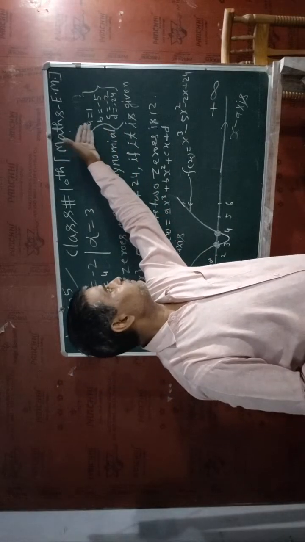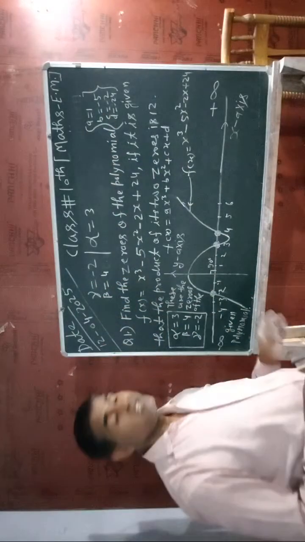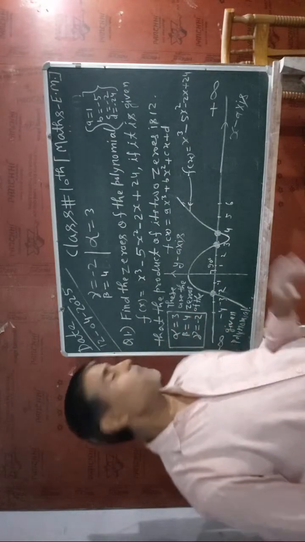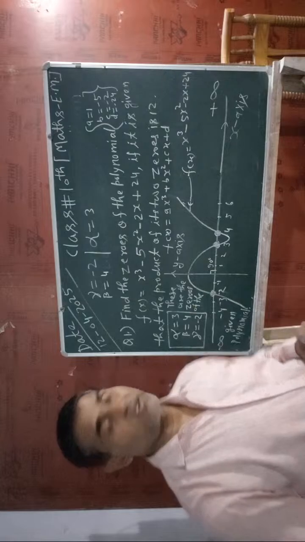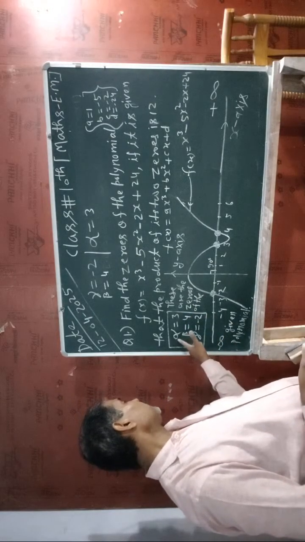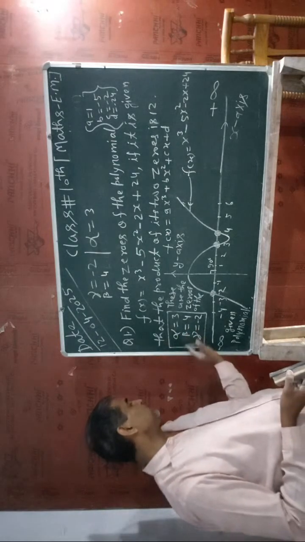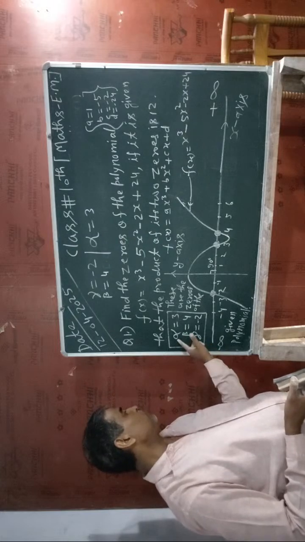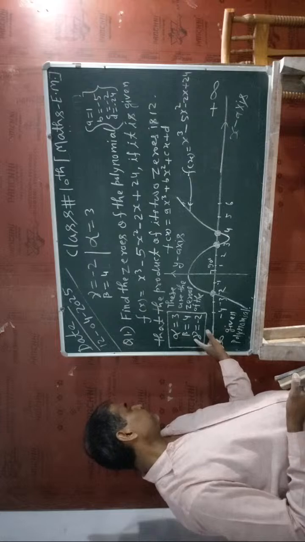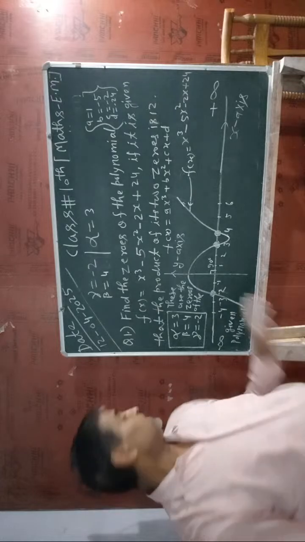I have written here the values of a, b, c and d, and I have got four equations in variables, and with the help of these equations I have got the zeros of the given polynomial. One zero is alpha, the second is beta and the third is gamma. So the value of alpha is 3, the value of beta is 4 and the value of gamma is minus 2.